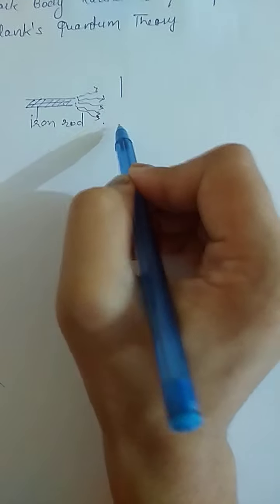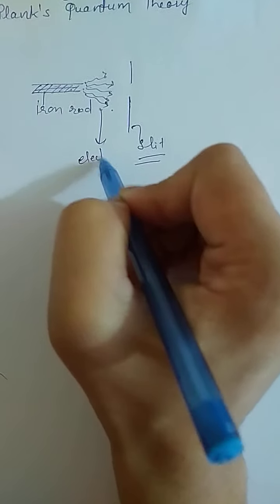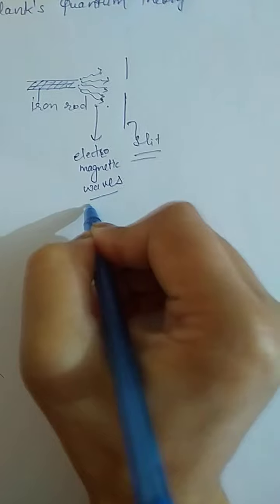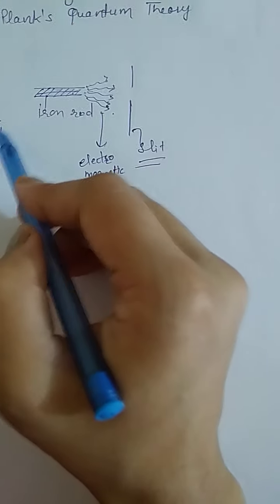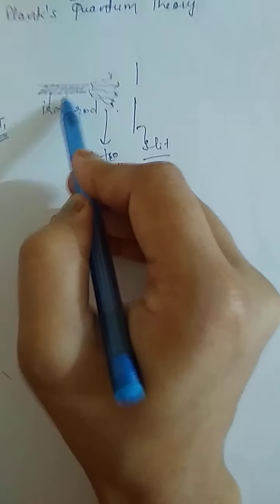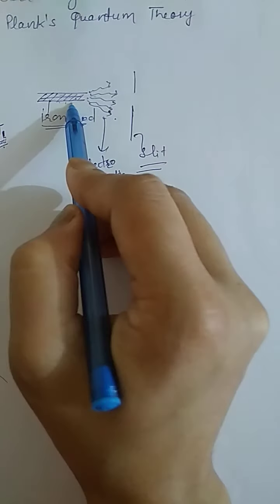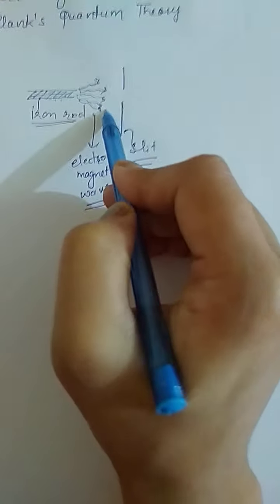These radiations are electromagnetic waves. Suppose the first temperature is T1. We are heating this iron rod at some temperature T1, so when it becomes hot, it will radiate energy.